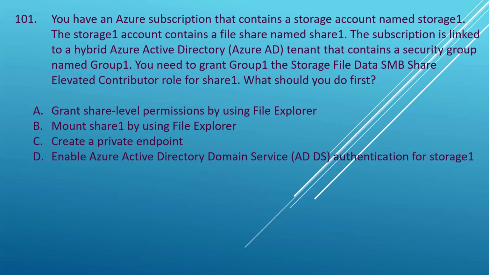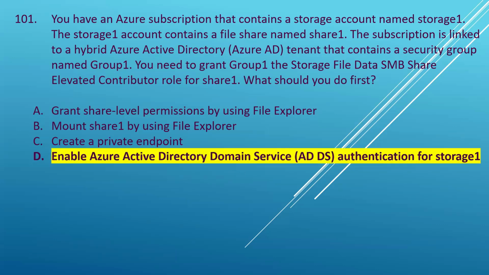To grant Group1 the storage file data SMB share elevated contributor role for Share1 in an Azure storage account linked to a hybrid Azure AD tenant, you should enable Azure Active Directory domain services authentication for Storage1.